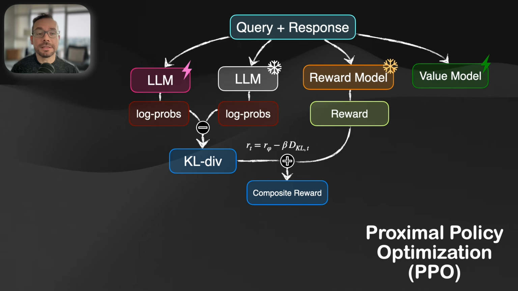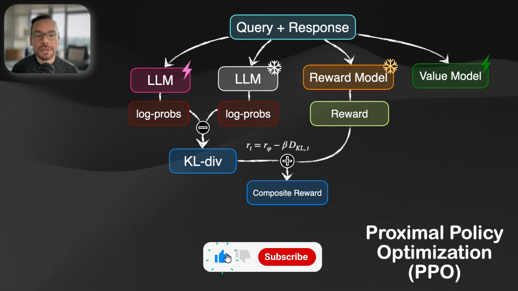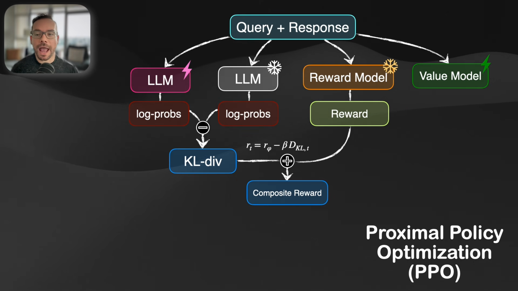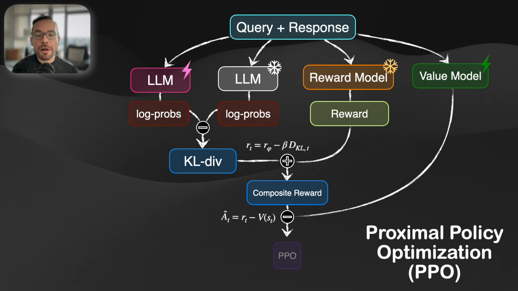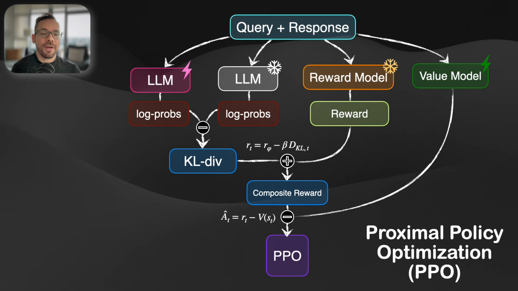It estimates the expected score from each step forward, giving us a reference baseline at the token level. By subtracting the value baseline from the composite reward, we get our advantage. Advantage answers a key question: did this specific token perform better or worse than what we expected?